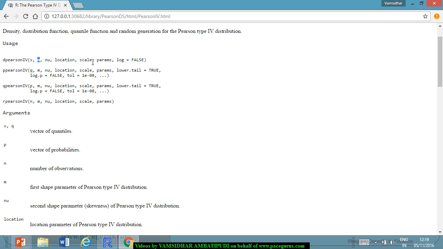In this particular distribution, we are talking about two different shape parameters. Probably if you remember the first beta that we talked about, there also we had two shape parameters, but here the difference is the second shape parameter is a measure of skewness of this particular distribution.